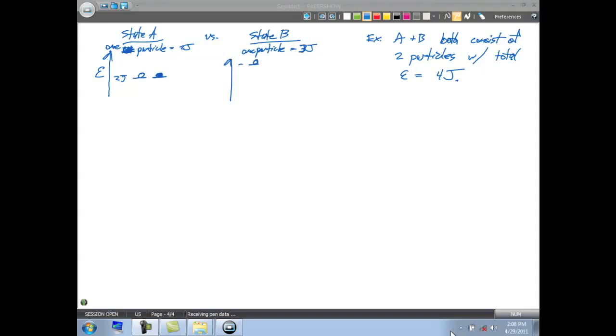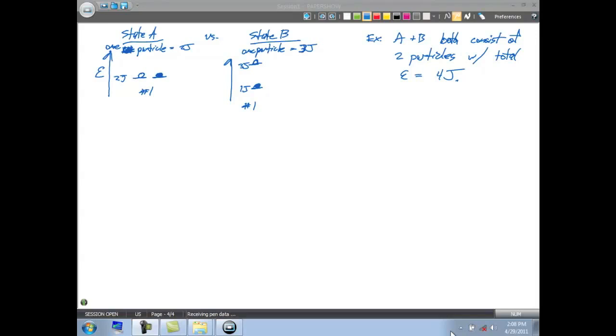One particle is going to be 3 joules of energy. The second particle then has to be 1 joule. So here's our particular energy diagram. This is what we would call microstate number 1 for each of these macro states.